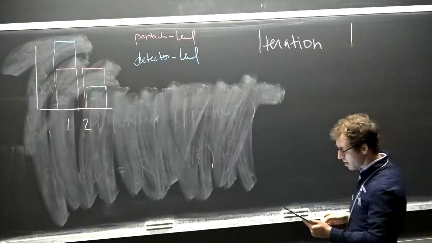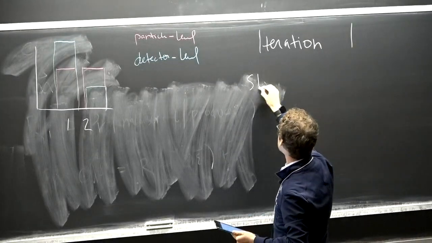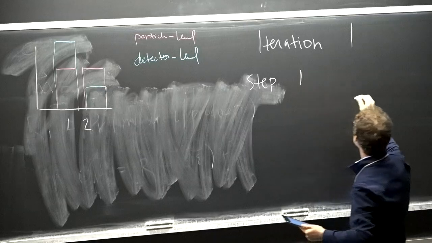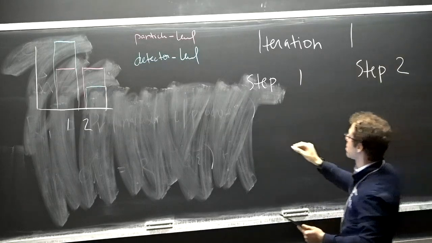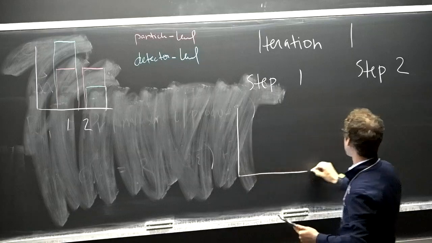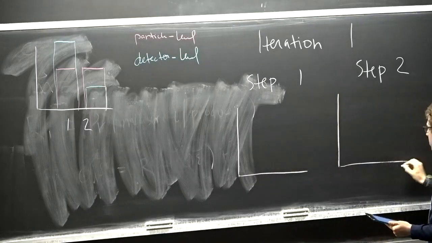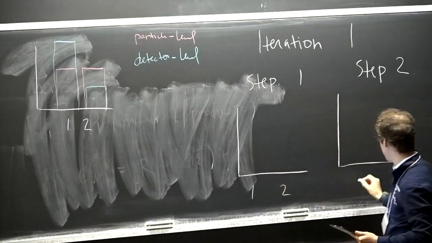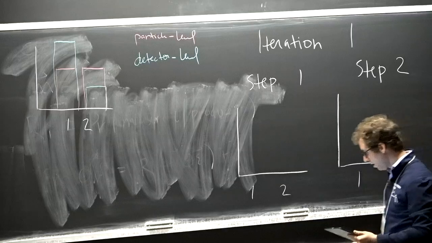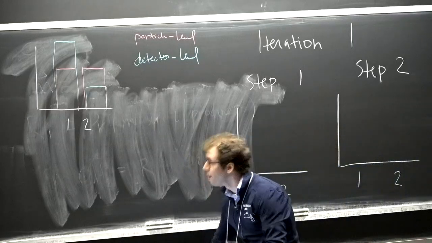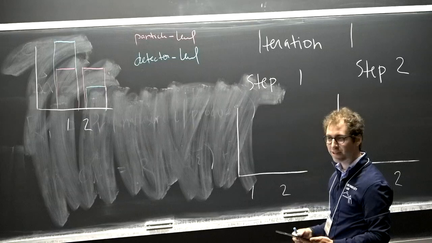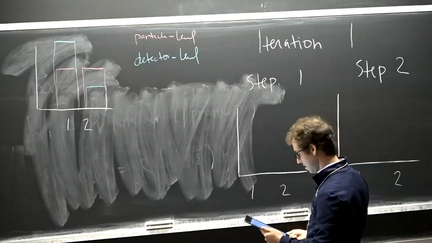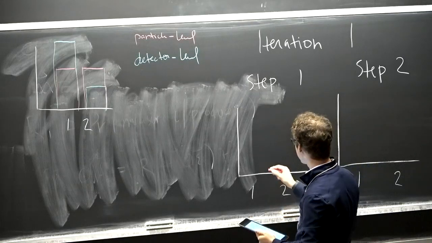So iteration 1, step 1 over here, and step 2 over here. Okay. What did I call particle level? Red. I use different colors in my notes. That's the problem. I have to translate it in my head. Okay, so particle level is 50-50.